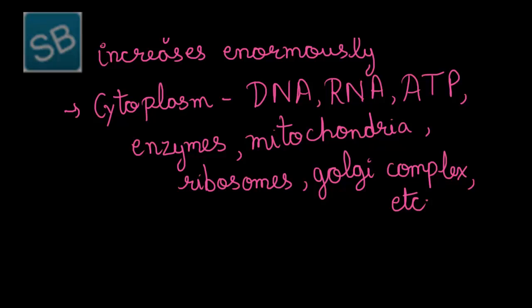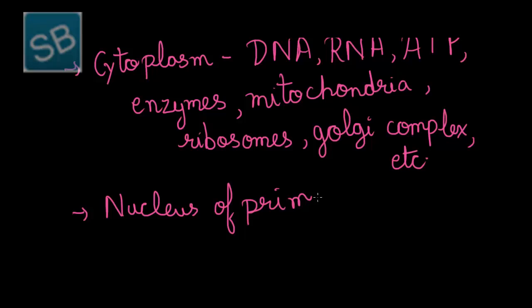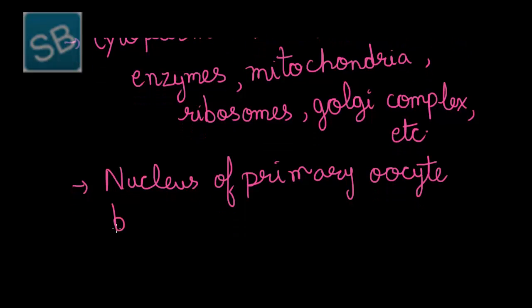Now, during this phase, along with the cytoplasmic changes, nuclear changes also occur. That is, the nucleus of the primary oocyte becomes larger, as a result of which the size of the primary oocyte increases.